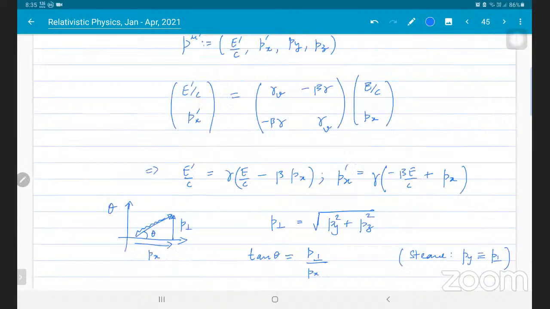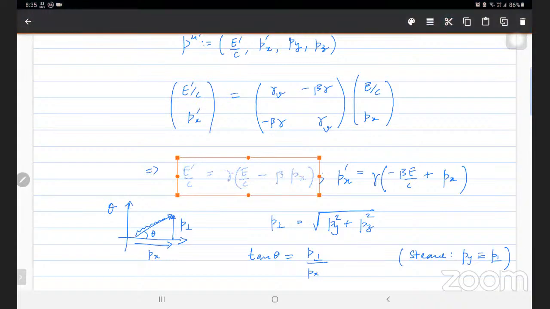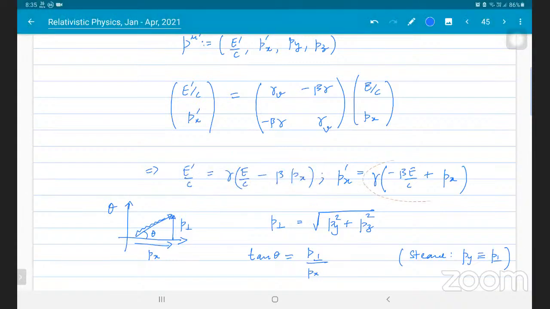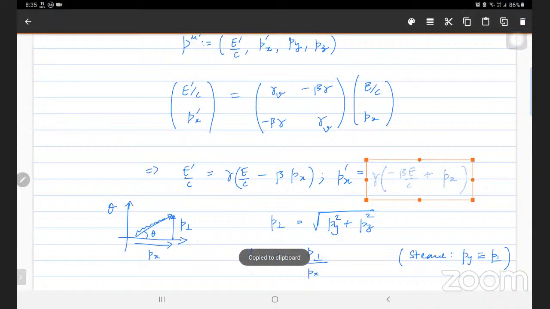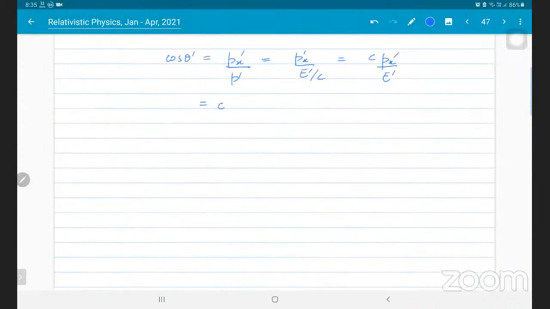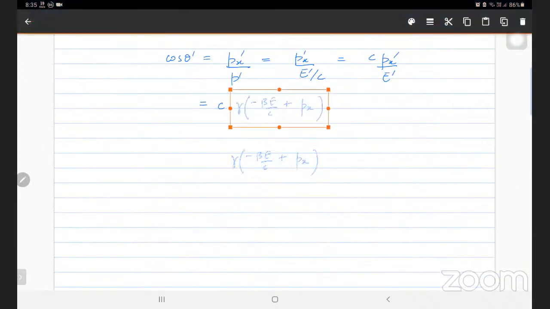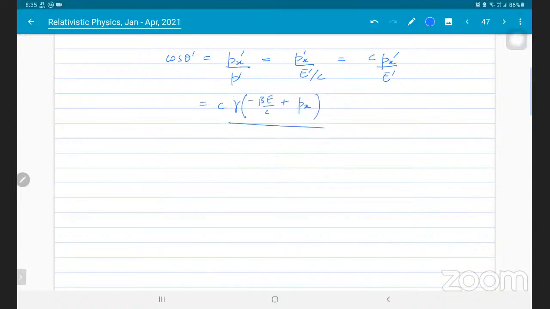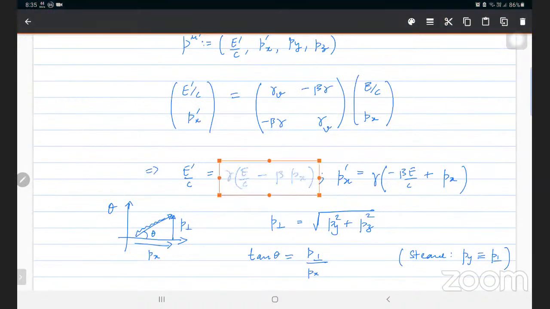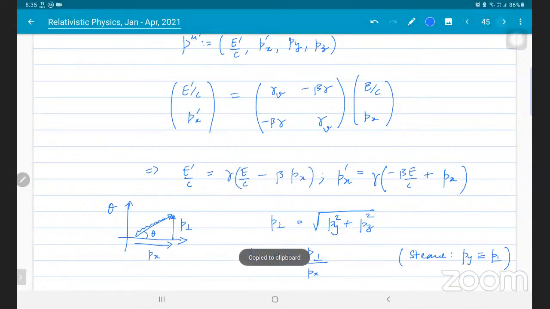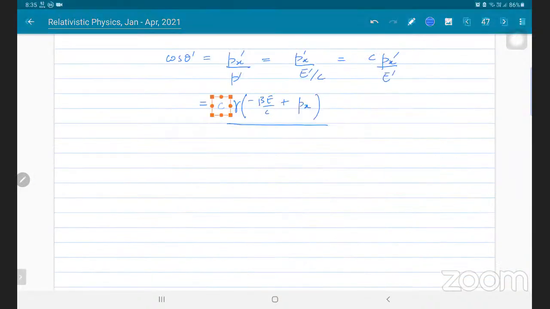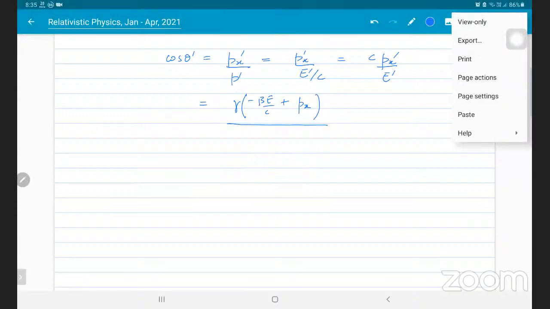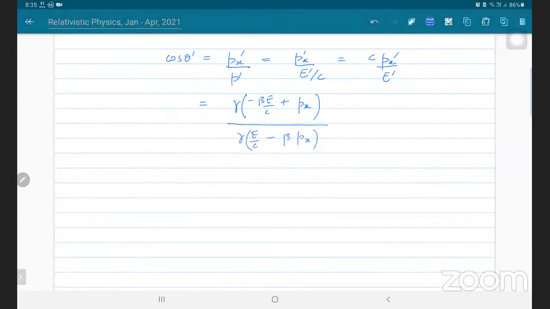So what are the Lorentz transformation equations? They tell me that Px prime is this quantity and E prime by C is this quantity. So I can copy here, paste it in for Px prime, and then for E prime by C, I get this thing in the numerator.